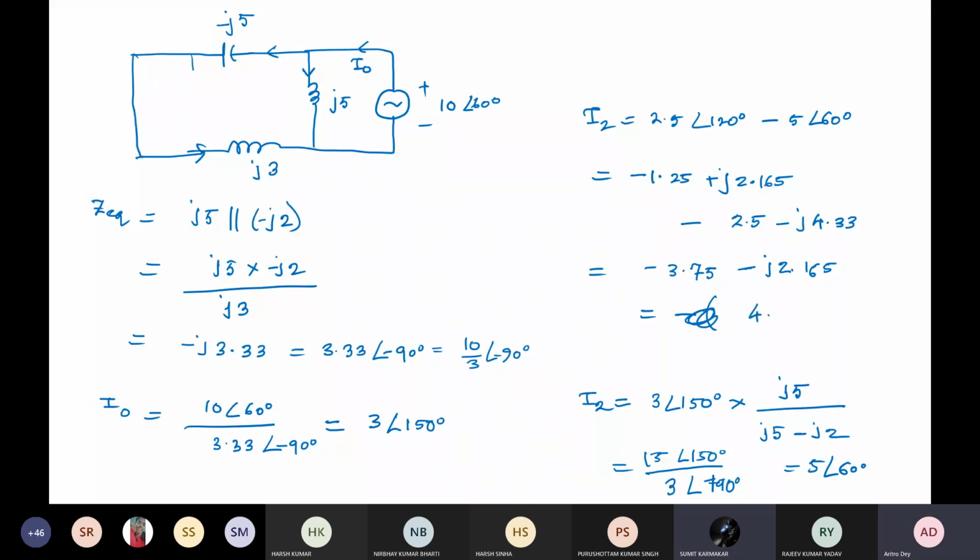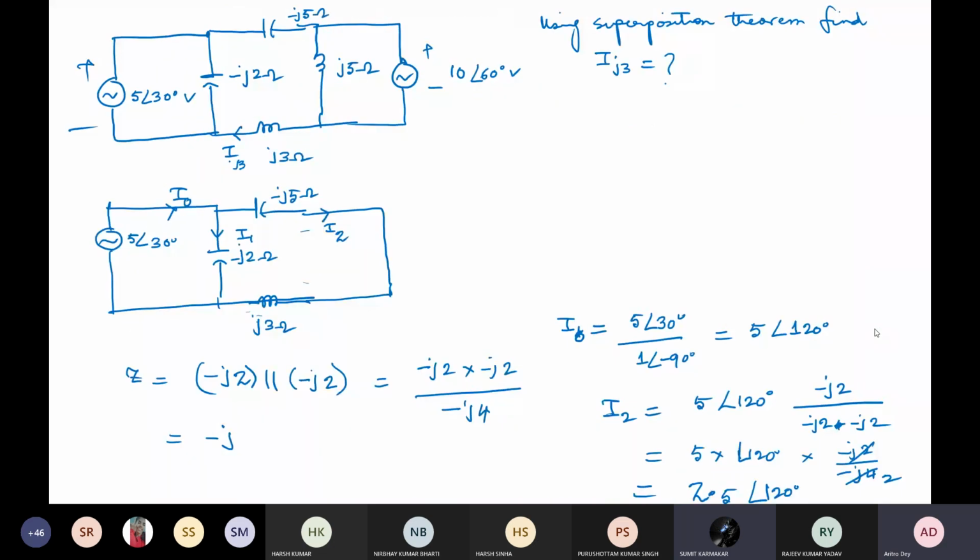So it is 4.33 angle minus 150. Okay. So this is how you can solve the AC network using the superposition theorem.